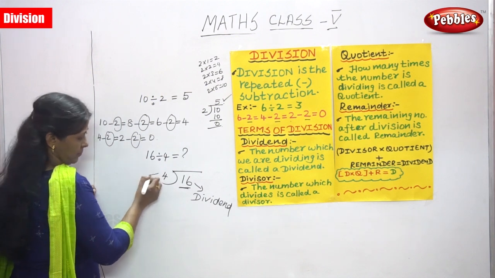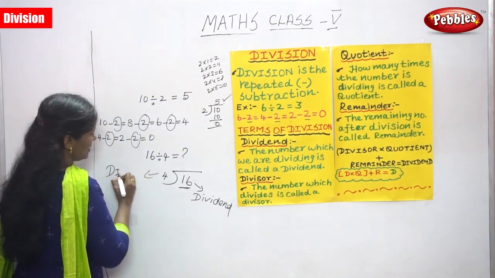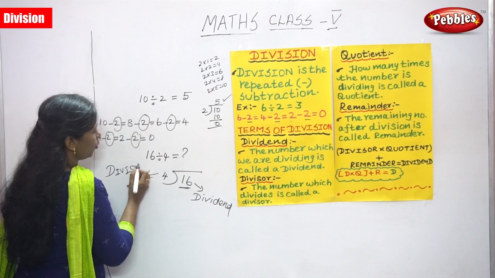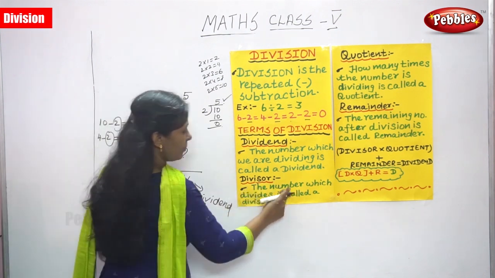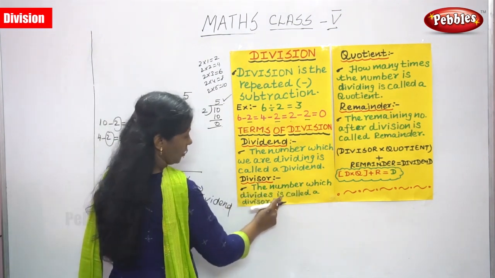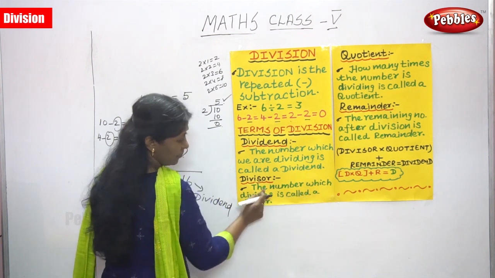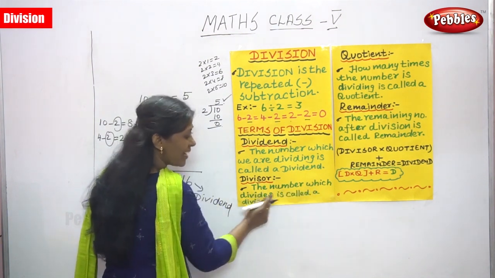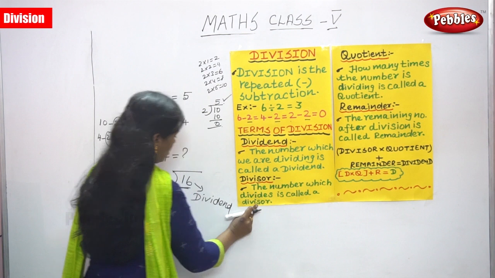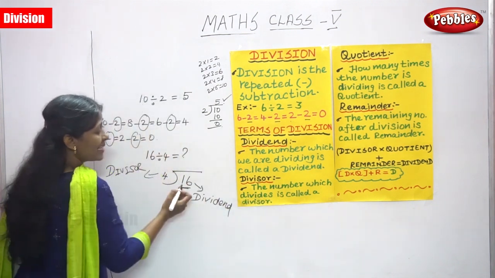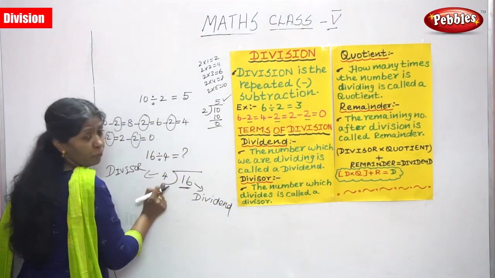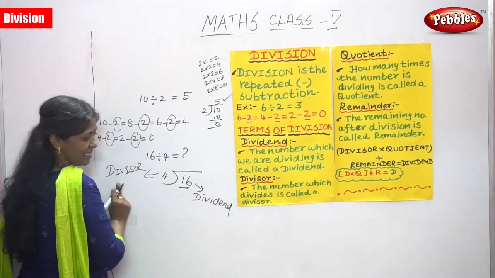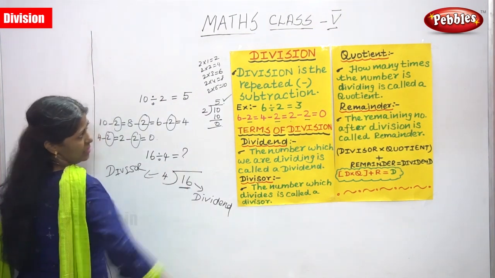It is a divisor, D-I-V-I-S-O-R. The number which divides is called a divisor. So we are going to divide 16 by 4. So 4 is the divisor and 16 is the dividend.